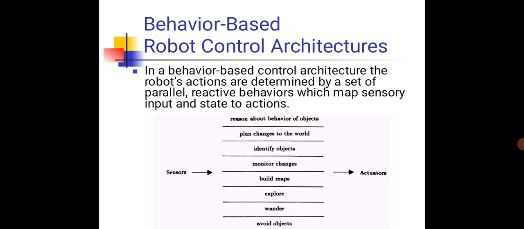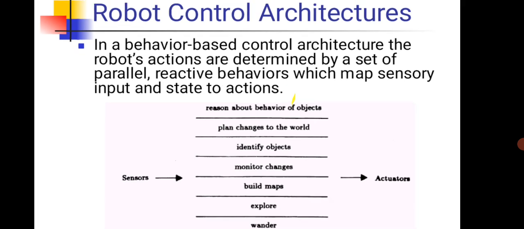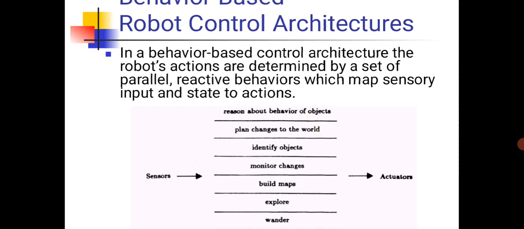Coming to the second type, which is the behavior based robot control architecture. In a behavior based control architecture, the robot's actions are determined by a set of parallel reactive behaviors which map the sensory input and state to action. It is very similar to the previous one, but you can see here we have various interleaved structures.